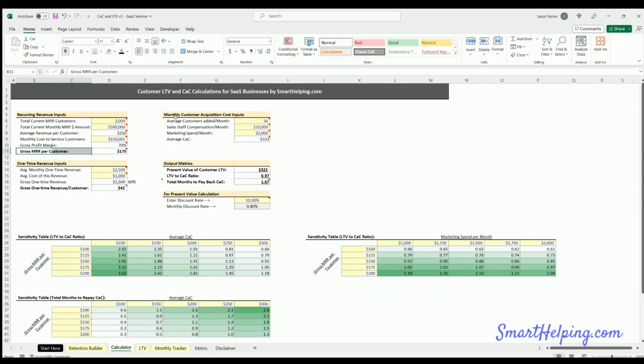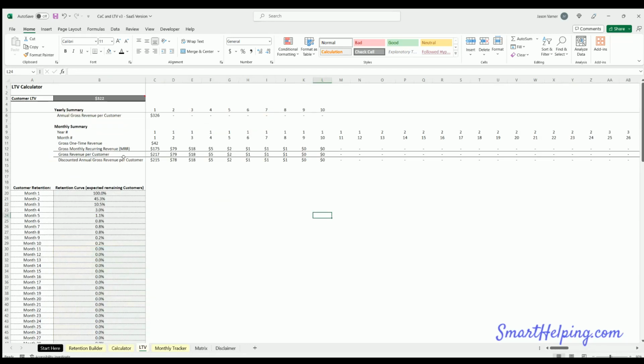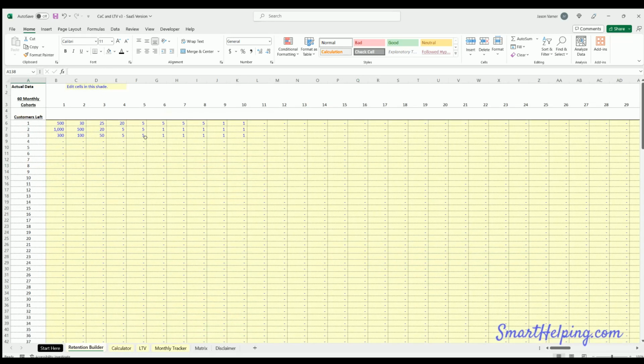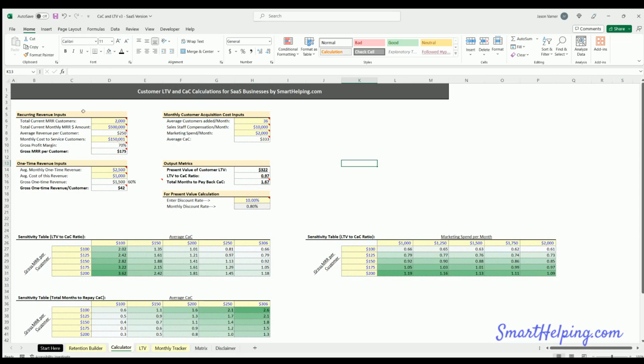You can apply your example scenario here, showing if you added a certain amount of customers, you had certain sales staff and marketing spend. Here's your CAC, and then based on knowing what the present value of the customer LTV is based on the calculations here, which are driven off the revenue builder, retention, and these inputs.